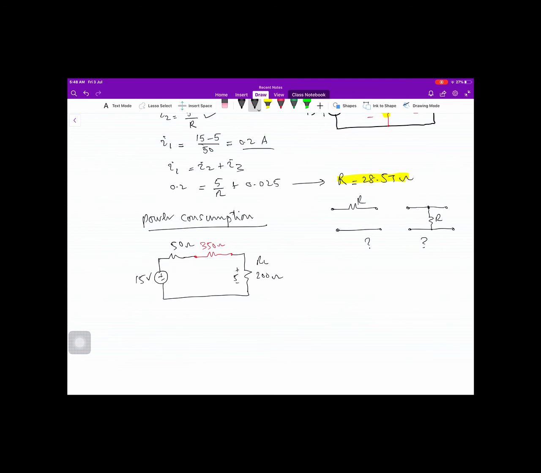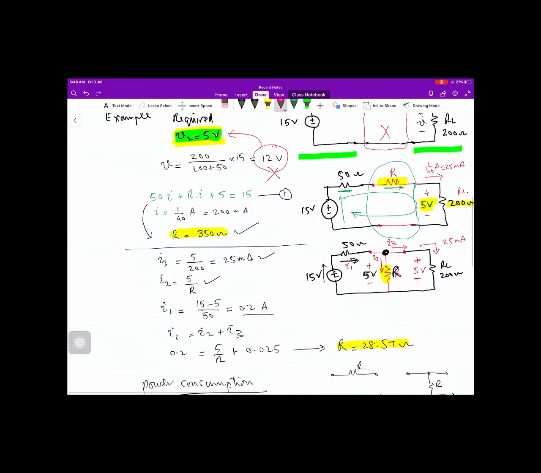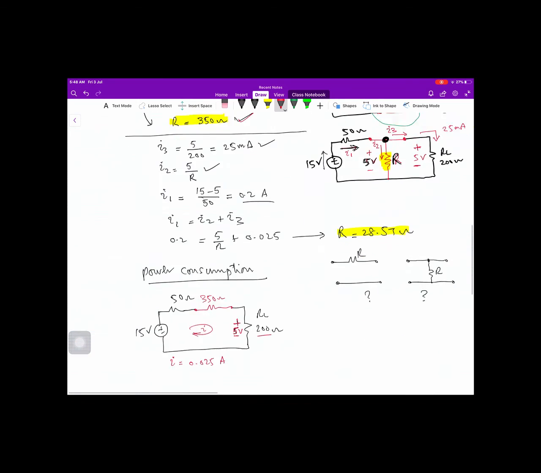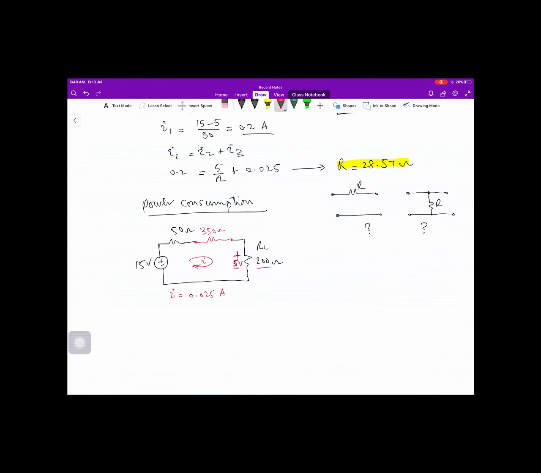Now you see what is the current. Current flowing through this mesh, we know this current, 0.025 ampere, because we have 5 volt across the load of 200 ohm, and we have done it before. Look at here, 350 ohm resistance, and then we see what is the voltage here.